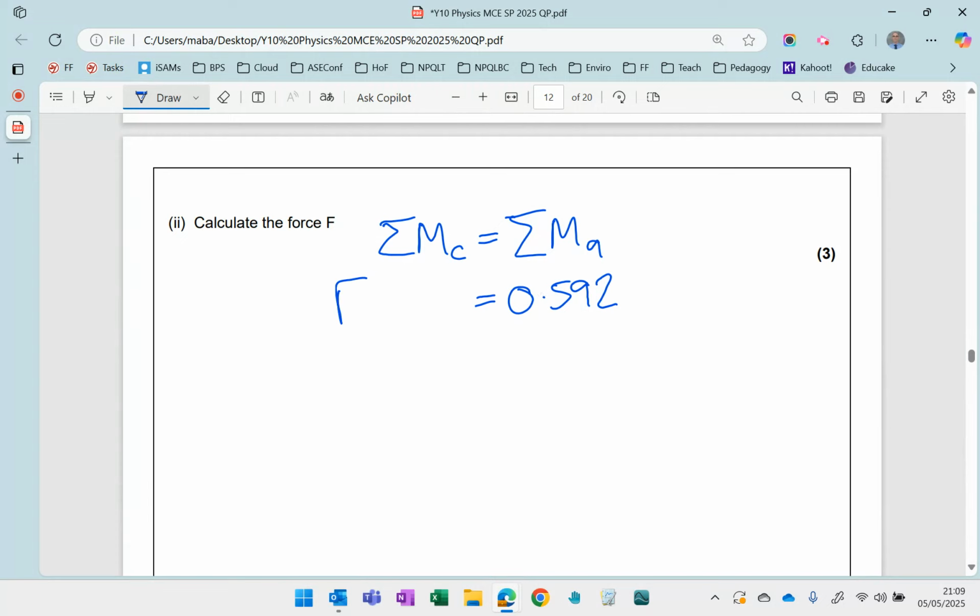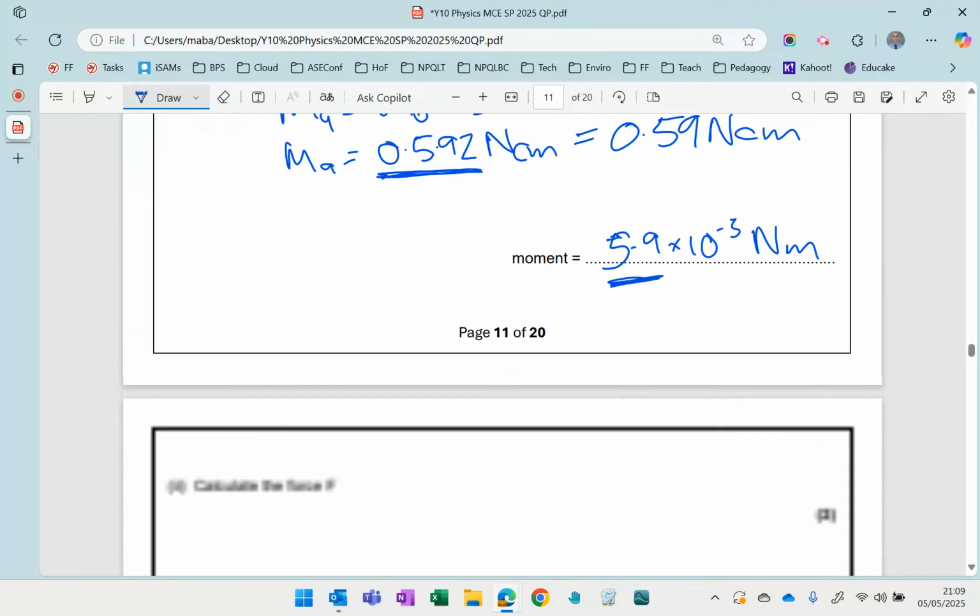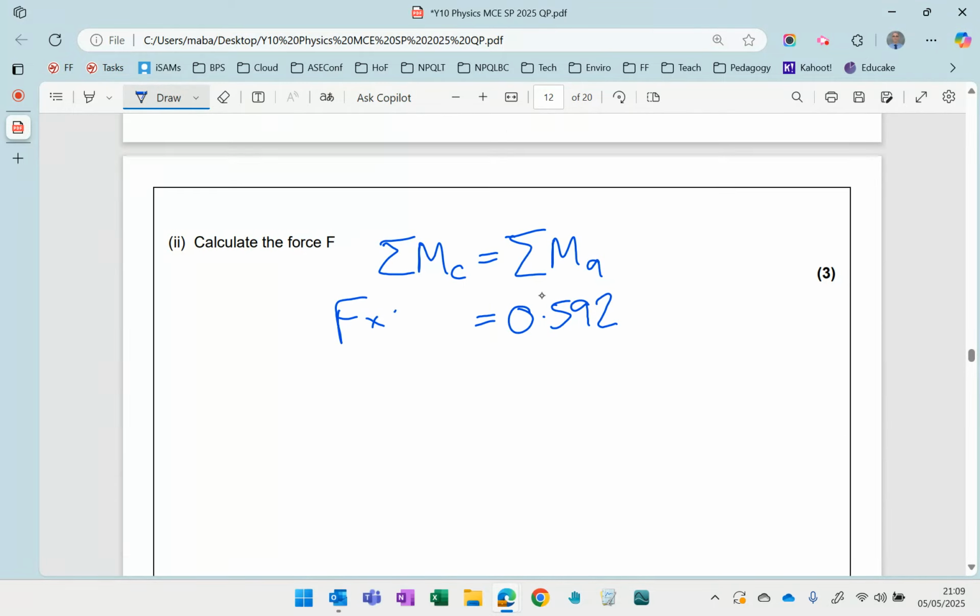That's going to be equal to the force which we're trying to find, okay, times by 7.4. Now, if this is in Newton centimeters and this is in centimeters, then the centimeters and the centimeters cancel, and you just get it in newtons, right? So that's a little bit of a kind of shortcut for us, rather than doing the whole thing in meters.